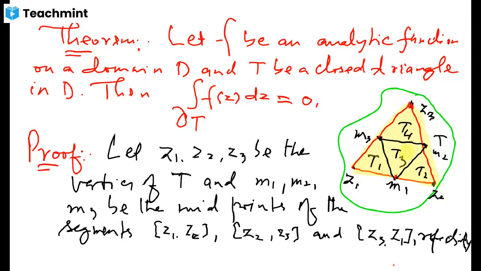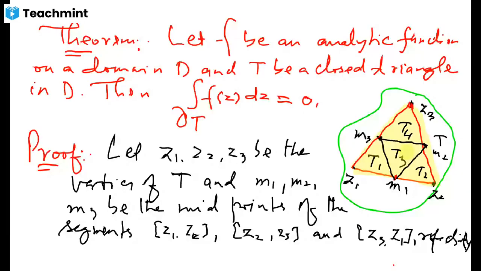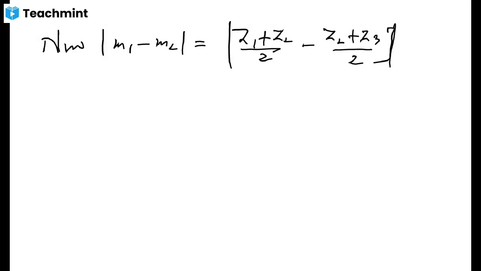Now let's look at the distance of these midpoints from each other. Now M1 minus M2, this distance. M1 is the midpoint of the line segment joining Z1 and Z2, so it has to be (Z1 plus Z2) over 2, minus M2, the midpoint of the segment Z2Z3, which is (Z2 plus Z3) over 2. Simplify it and Z2 cancels out.